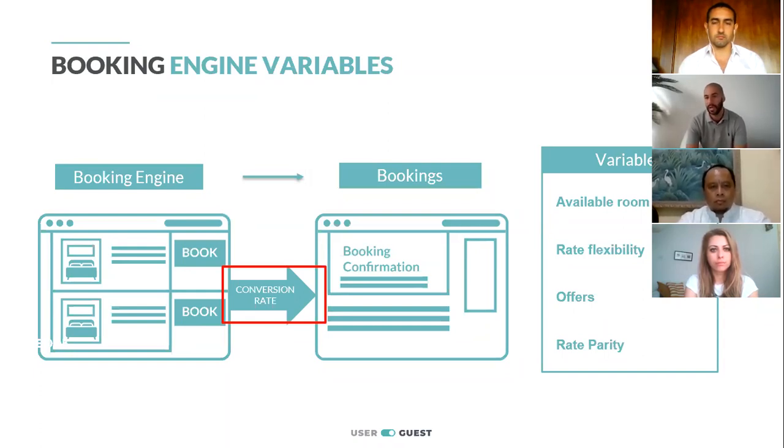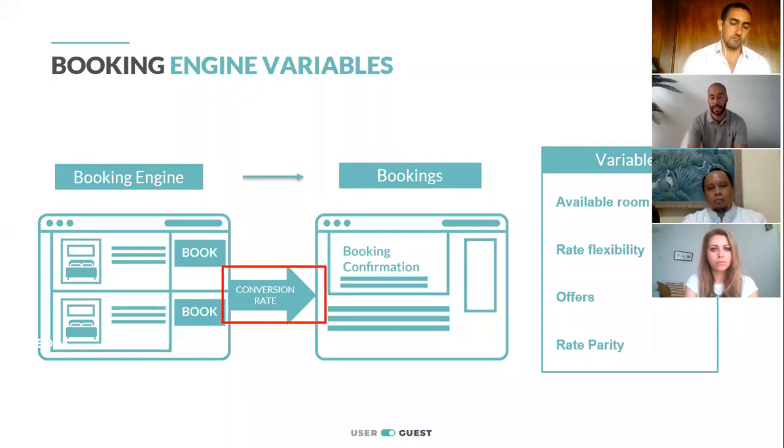That's simple. One of the other factors that influences a lot, that we see throughout our partners and people using Userguest, is the rate flexibility. Meaning, if the rates are not that flexible and the cancellation policies are very strict, it has a huge impact on the conversion rate.